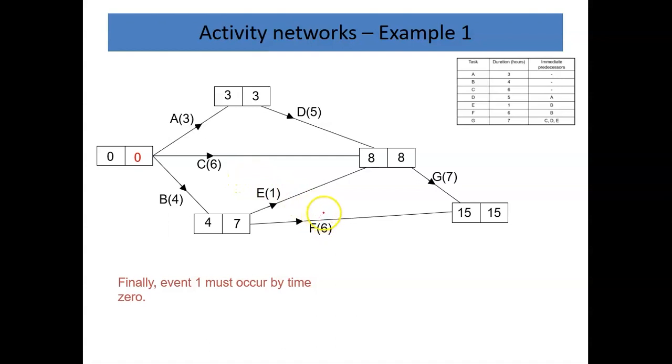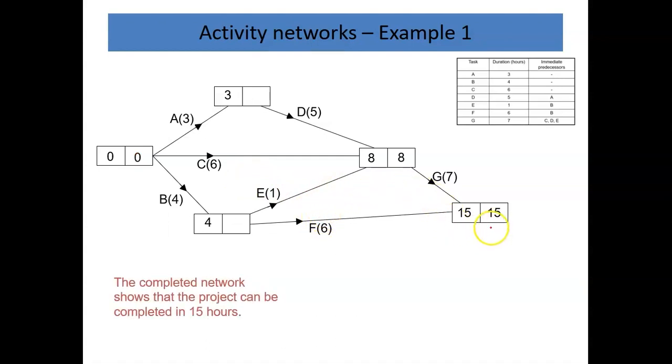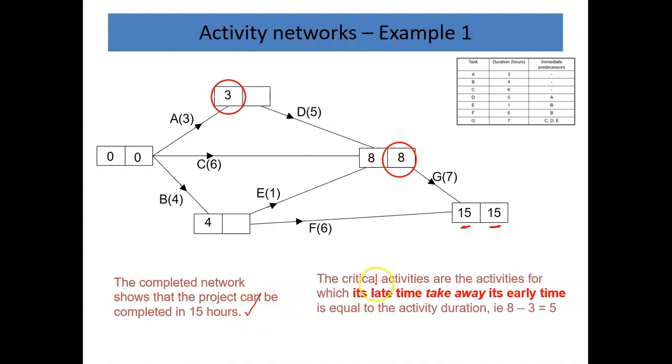Always happens like that. So the completed network, you'll notice, took 15 hours. 15 hours to do, and you can see it says it there. Now, these are called critical activities. And to try to find critical activities, we're going to do a little sum. The sum that we're going to do now is we're going to do this late time either side of an activity.